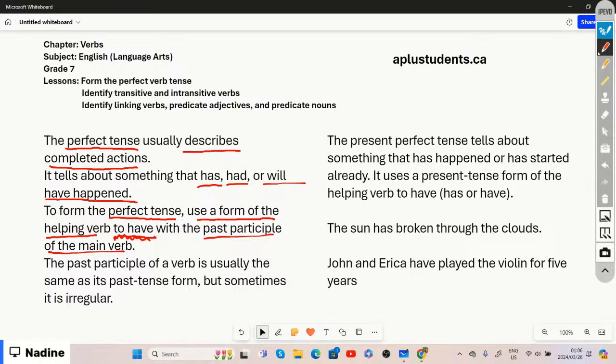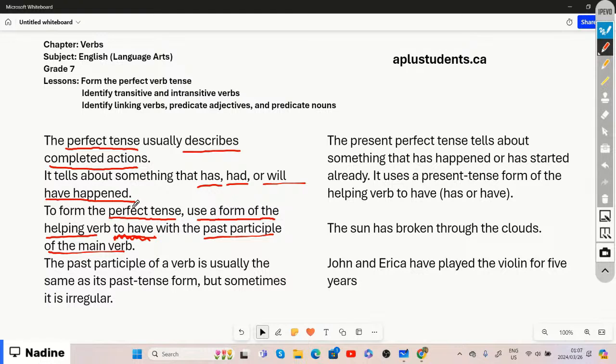So once again, in order for us to form the perfect tense, I think I said present tense, but to form the perfect tense, we use a form of the helping verb to have with the past participle of the main verb.